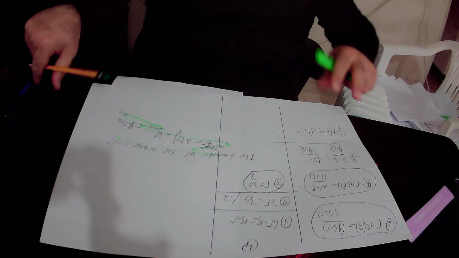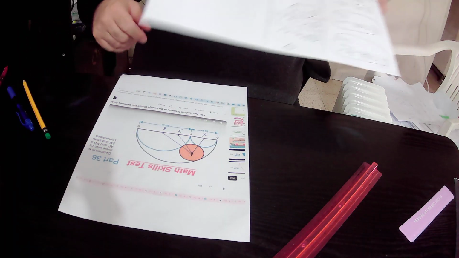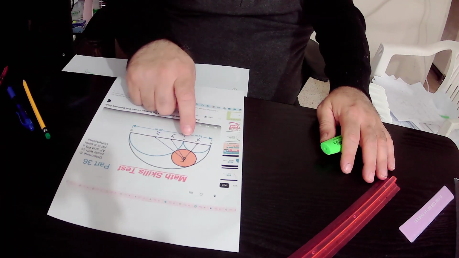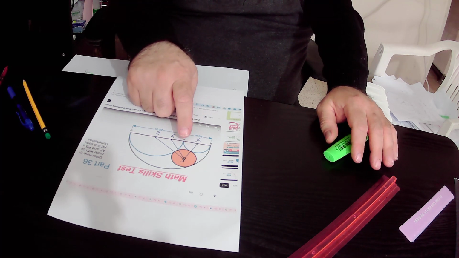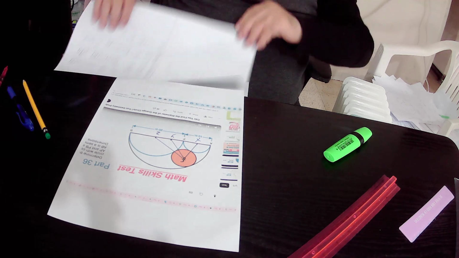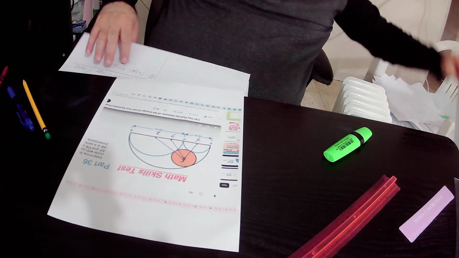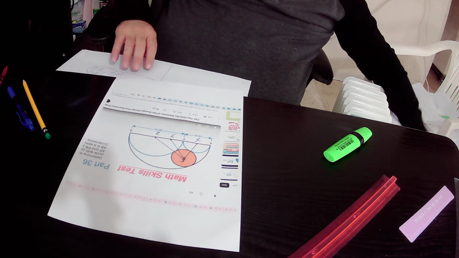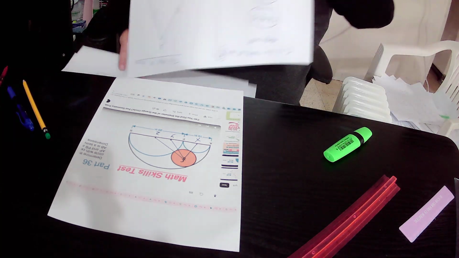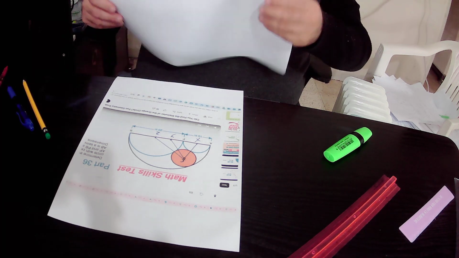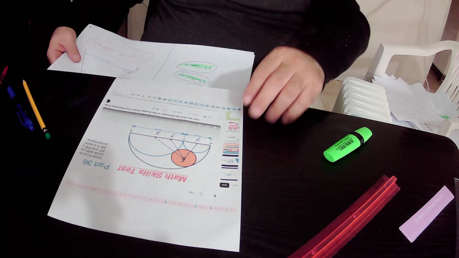Actually, we wanted to find out the diameter of this orange circle. In the drawing, we have three semicircles.